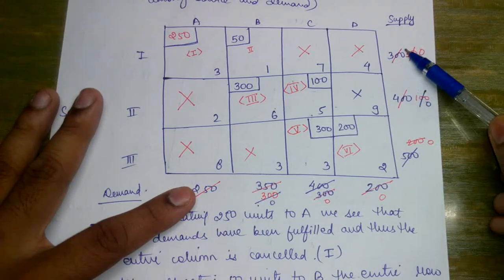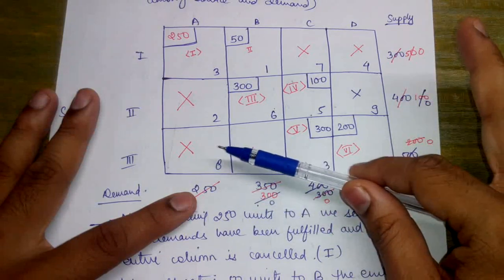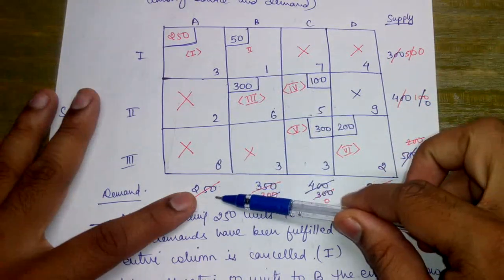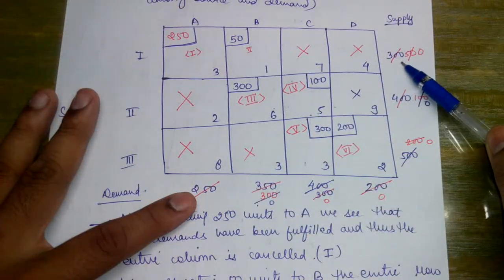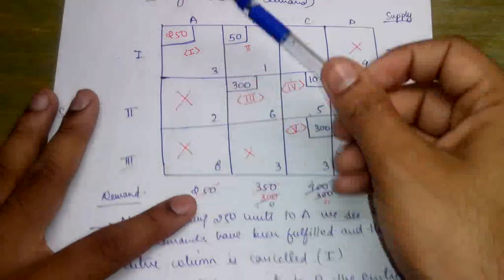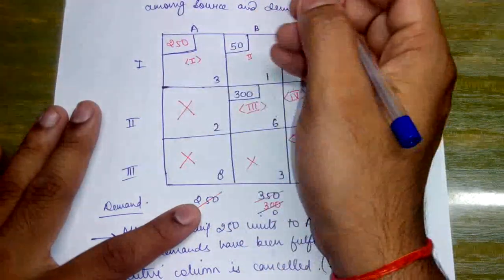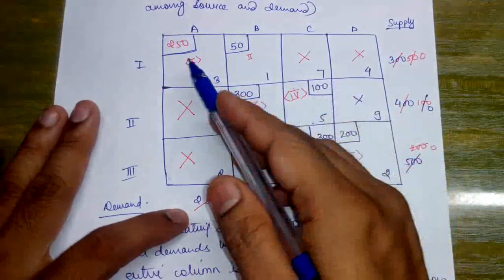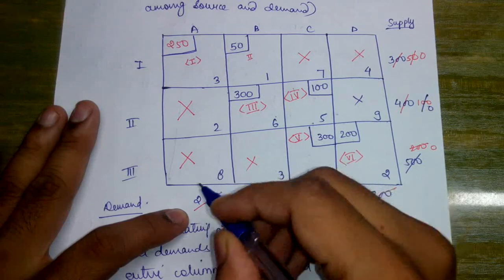The supply is more and the demand is less. We always fill up the least value out of the demand or the supply. So out of 250 and 300, the least value is 250. So we have allocated 250 in this block, and after allocating 250, this would become 0.